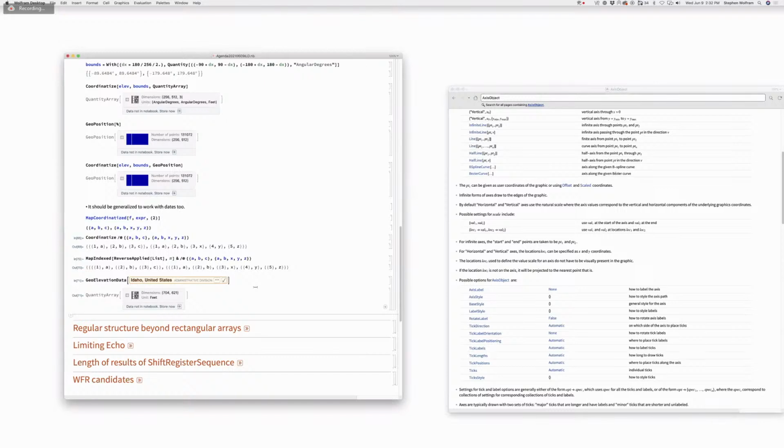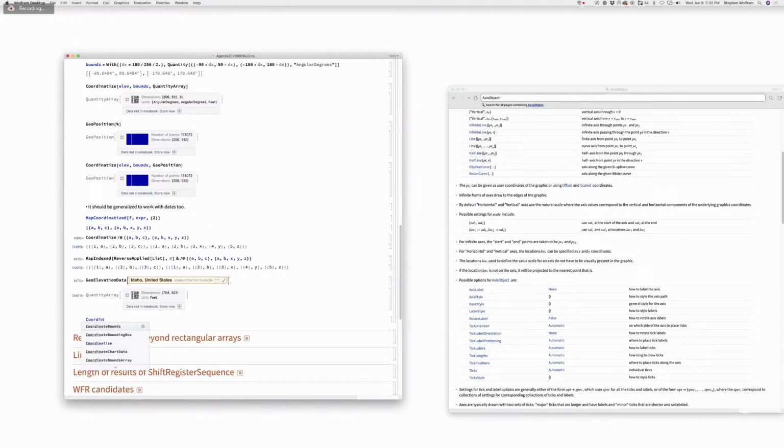Now, this is the problem. This doesn't have coordinates. So the question is, could this quantity array have metadata, so that I could just do the one argument, coordinatize, and that would add the appropriate coordinates?